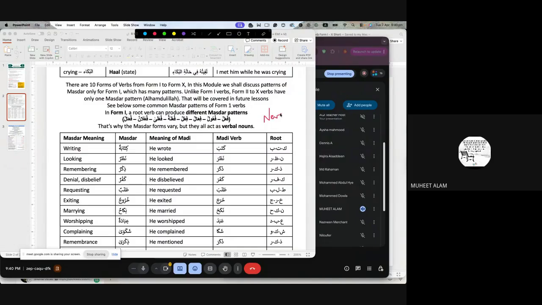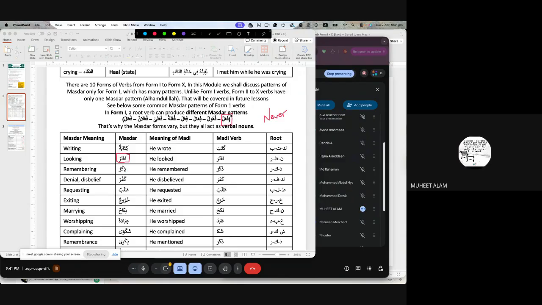So let's see the chart. If you try to relate this, for example, kitabatun, I don't think the pattern is here. Okay, nazarun, fa'alun, the first pattern. Can you see?